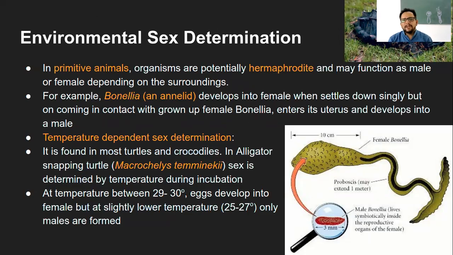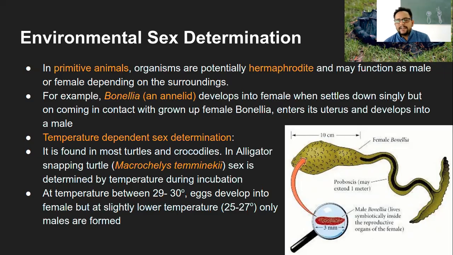Okay, so the first part, what we call environmental sex determination, happens mostly in the primitive animals, like I mentioned earlier. These organisms are potentially hermaphrodite. Hermaphrodite, I assume you know the terminology by now, means having both sexes, and they may function as male or female depending on their surrounding factors. This does not mean they have male as well as female reproductive structures.